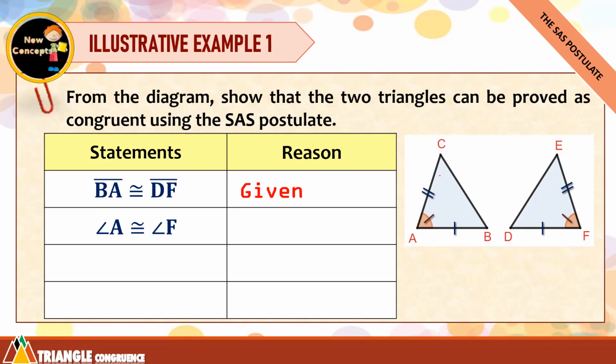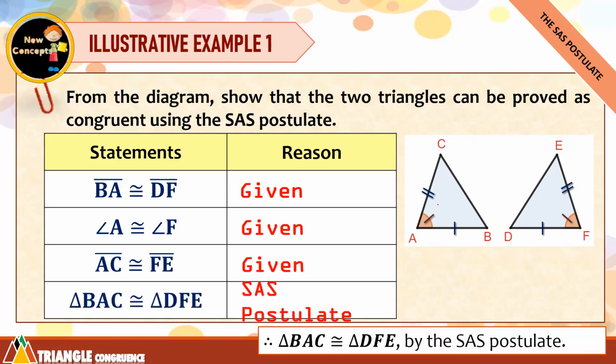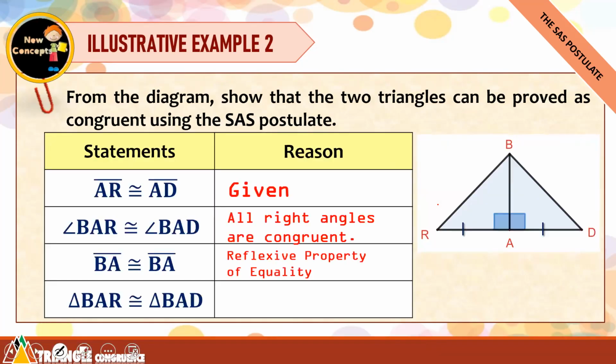If it's written here, you have to follow whatever the congruence states. So AC is congruent to EF or FE, and then by SAS postulate, triangle BAC is congruent to triangle BFE. SAS. So I'll just run through.